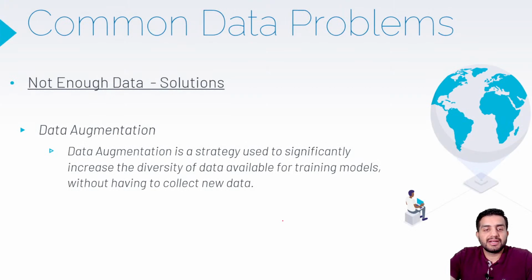then we talk about data augmentation. Data augmentation is again one of the very standard approaches. Now I'm going to look at increasing the diversity of the data available for training models without having to collect new data.